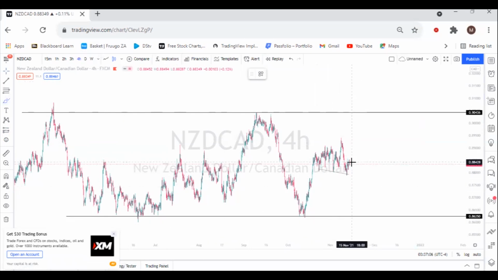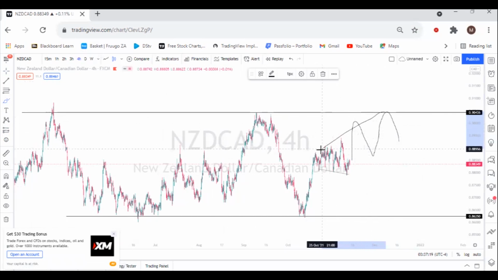Let me just draw it, and then we have something like this. Because if the market gives us something like this, it will mean we'll have a structure that looks something like this, right? We'll have a series of the first touch, because everything here counts as the first touch, second touch, and then the highest probability on the third touch, and then that's when we're gonna start selling off.